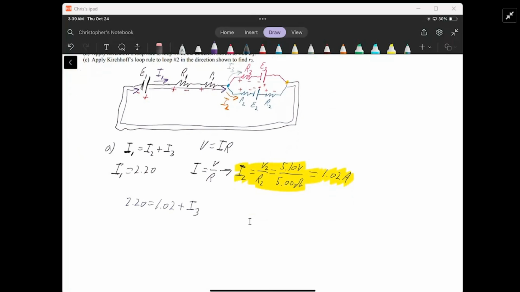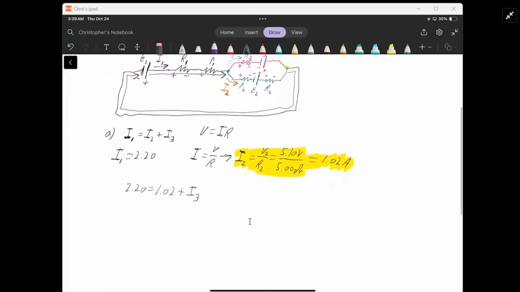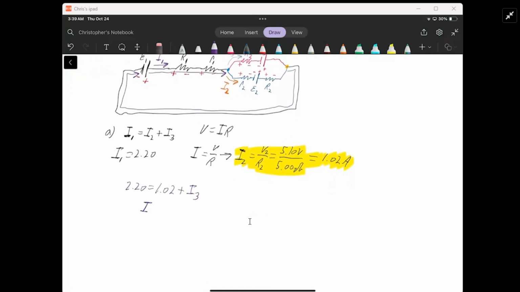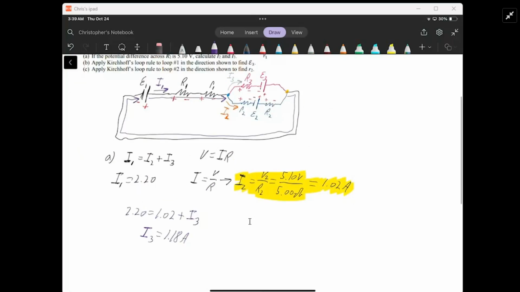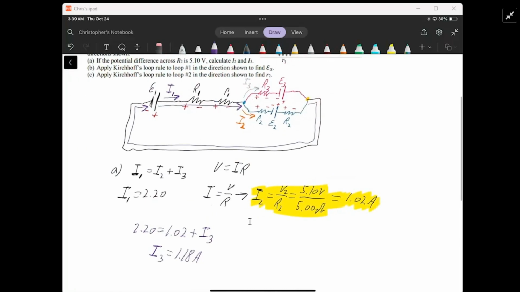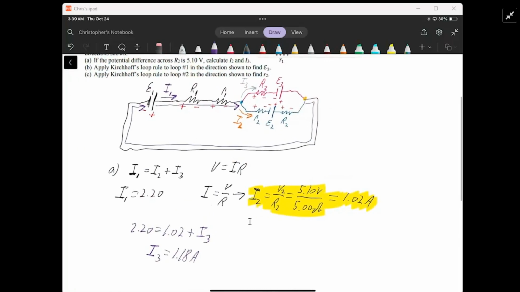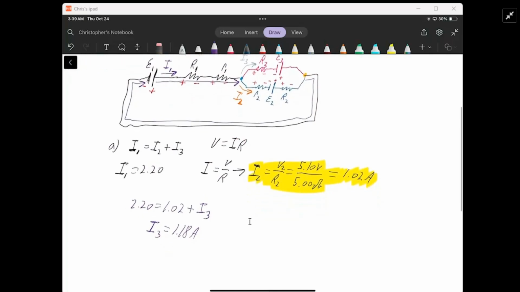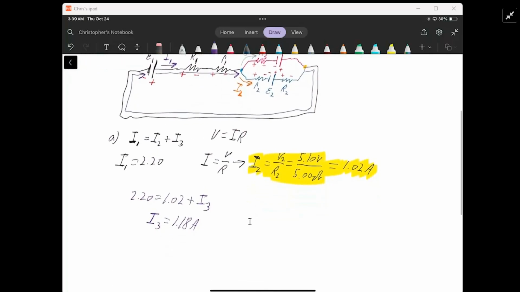And when you subtract 1.02 from both sides, you're going to get I3 equals 1.18 amperes, right? So now we have I3. It's pretty simple, pretty straightforward. All you have to do is find the current from that side, I2. We knew that I1 equals I2 plus I3. We're given I1, we just calculated I2, and now we just calculated I3. Okay.